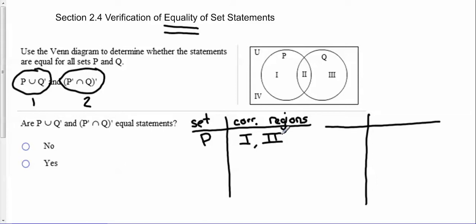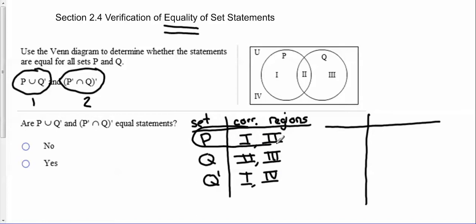Now we have to unite that with the complement of Q. So you could write down Q, and Q is made up of the elements in regions 2 and 3. And then Q complement will be those elements outside of Q. And since Q is made up of the elements in regions 2 and 3, the complement of Q would be those elements that are in regions 1 and 4.